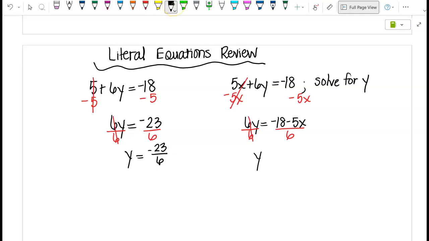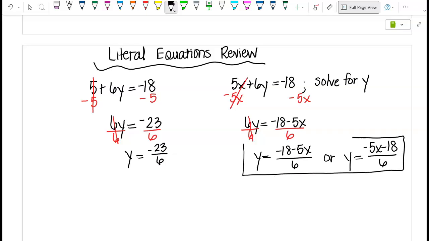So now y equals negative 18 minus 5x divided by 6. Now, you can rearrange those letters. So you could rewrite this as y equals negative 5x minus 18 divided by 6. You will see them written both ways.